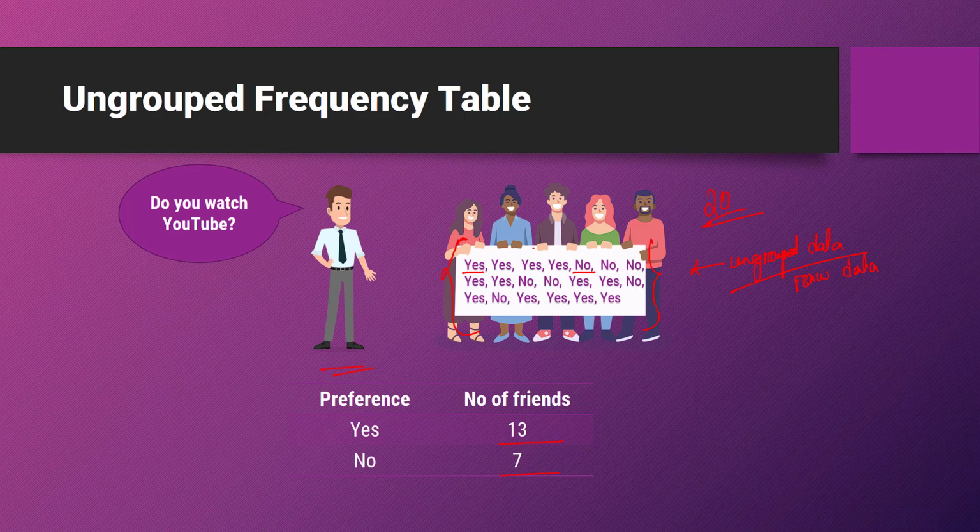So we are classifying these 20 people according to their preference, yes and no. And this 30 will be the frequency of yes, this 7 will be the frequency of no. So this kind of table is called ungrouped frequency table or discrete frequency table, right? Ungrouped frequency table or discrete frequency table.